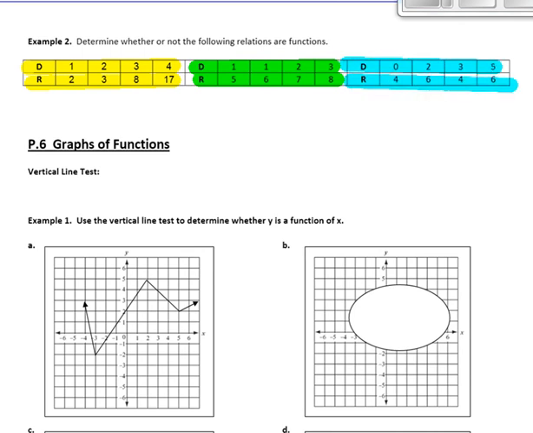So we're looking at, does each x value or each domain only go to one range? And really what ends up happening is that we can see that this is an ordered pair. That's 1, 2. This one is 2, 3. This one is 3, 8. This one is 4, 17. And then each x value only had one y value. Okay, so yes, it's a function.